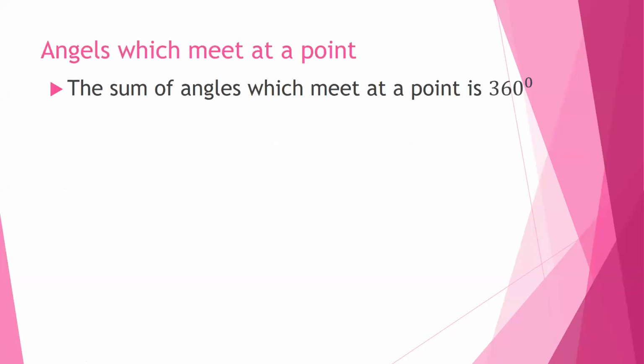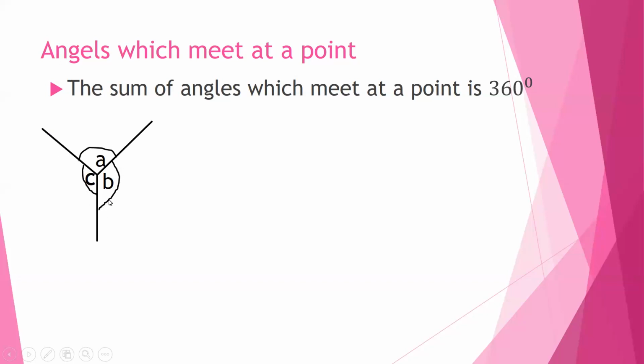So we know that the sum of angles which meet at a point is 360. You all agree with me that a circle has an angle of 360. So when we have more lines meeting at a point, we have three lines here meeting at a point. When you put these three lines together, it forms more or less like a circle.